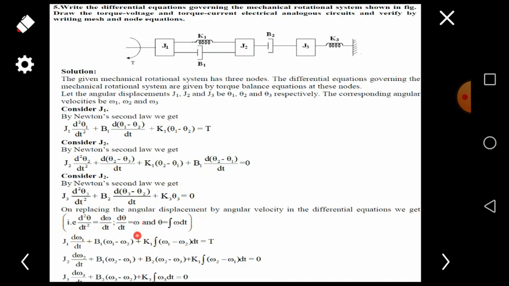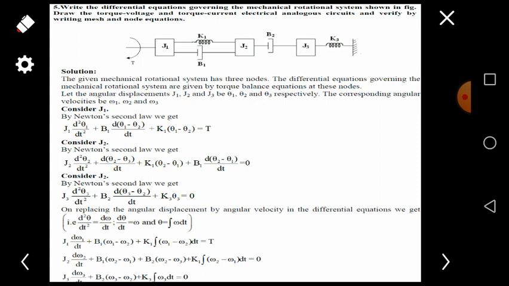On substituting these values in the equations, we get J1 into d omega 1 divided by dt plus b1 into omega 1 minus omega 2 plus k1 into the integral of omega 1 minus omega 2 dt equals T. J2 into d omega 2 divided by dt plus b1 into omega 2 minus omega 1 plus b2 into omega 2 minus omega 3 plus k1 into the integral of omega 2 minus omega 1 dt equals 0.